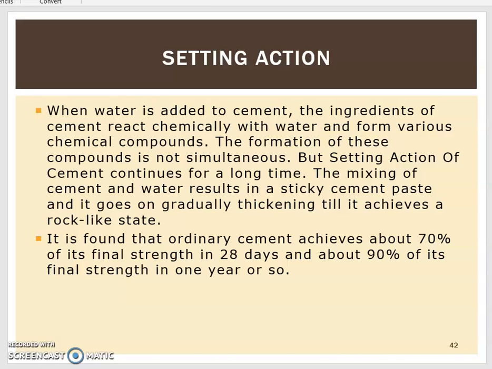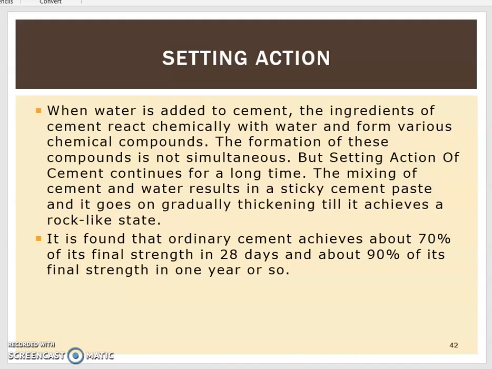That is the reason we do the compressive test on cement or concrete block at the end of 28 days, because at that point approximately 70% of its final strength can be achieved. So once you know the 28 days strength, then you can calculate its final strength, and they say around 90% of the final strength will be reached after 1 year or so.